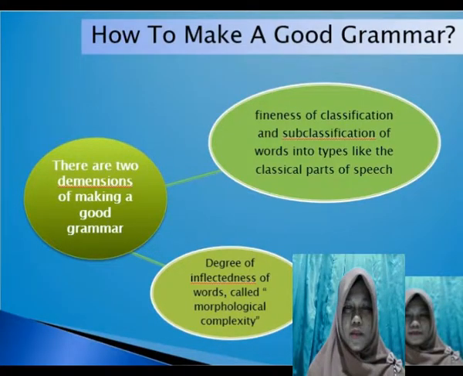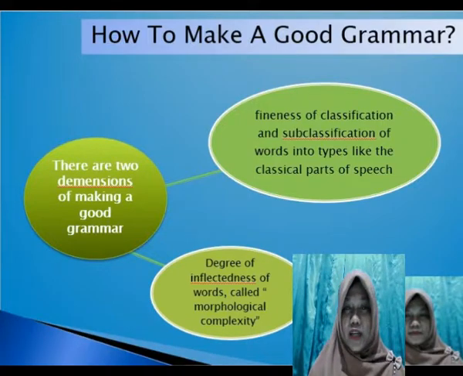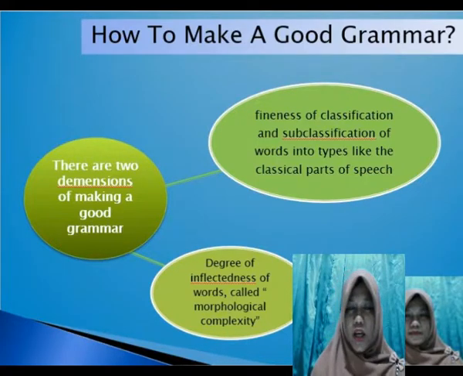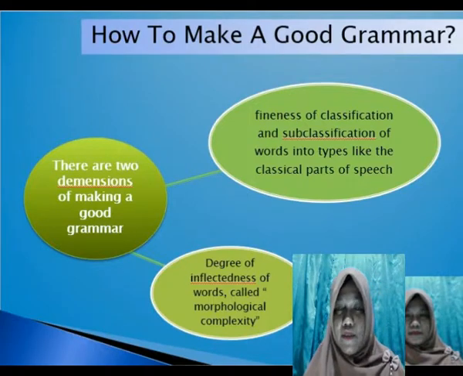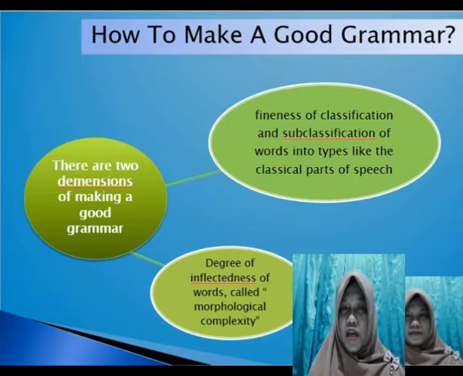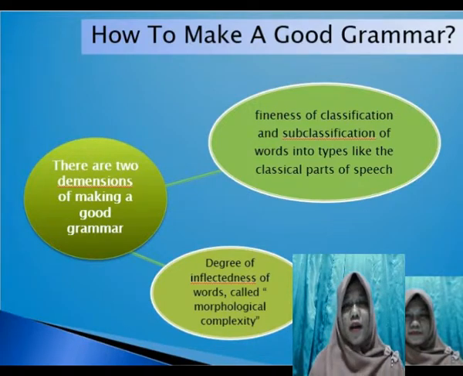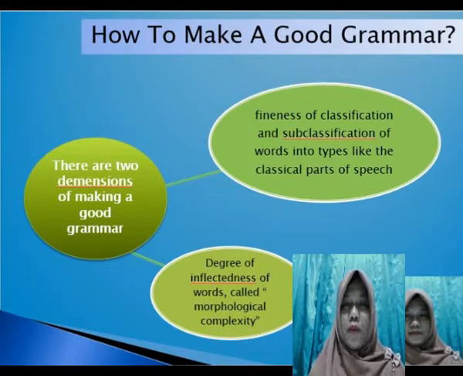Okay, the next slide is about how to make a good grammar. According to James R. Hurford, in the book The Origins of Language, there are two dimensions of making a good grammar. The first one is the fineness of classification and subclassification of words into types, like the classical parts of speech: verb, noun, pronoun, etc. As we know, the part of speech is a part of syntax.